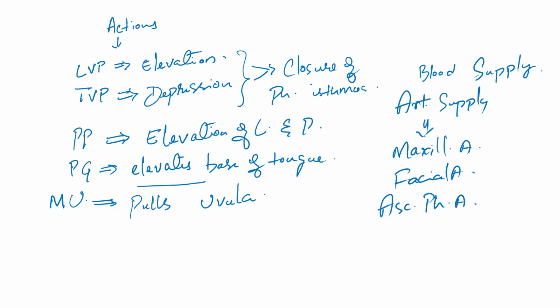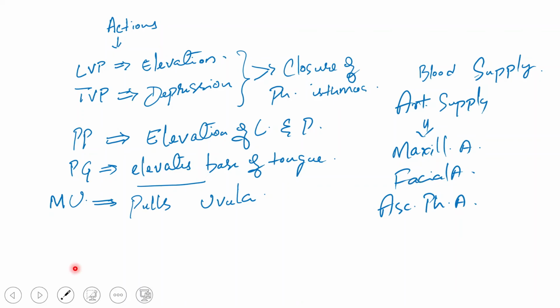So the greater palatine branch of the maxillary artery, the ascending palatine branch of the facial artery, and the branches of the ascending pharyngeal artery bring about the vascular supply of the soft palate.